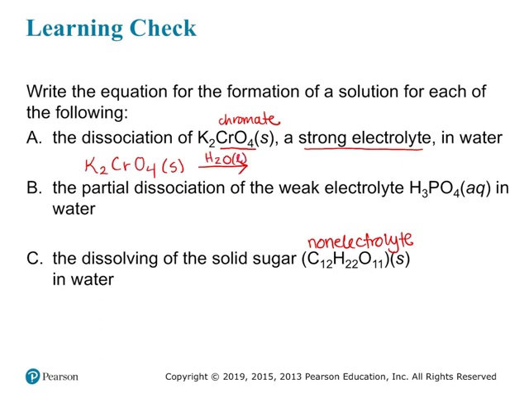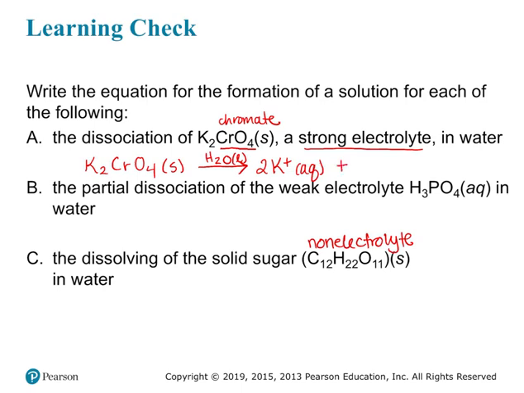All right, so I'm showing that the solid potassium chromate is added to water. And let's do the easy part. Let's figure out how many potassium ions we'll have in solution. So it looks like we'll end up with 2 potassium ions, and those will be aqueous after they're dissolved.